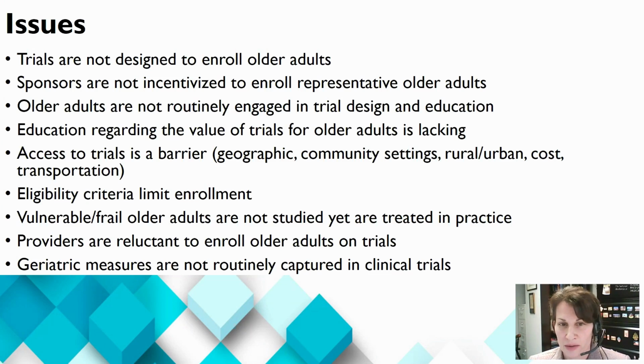Vulnerable and frail older adults are not studied, and yet they are treated routinely in practice. We talked about providers' reluctance to enroll older adults on trials for some of the reasons that we've just addressed above. And then finally, and importantly, geriatric measures are not routinely captured in clinical trials.